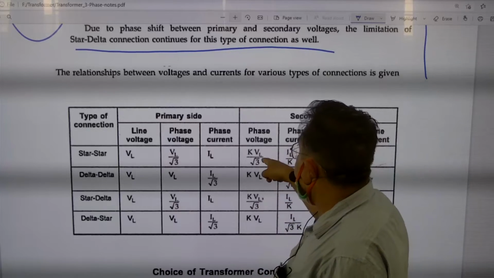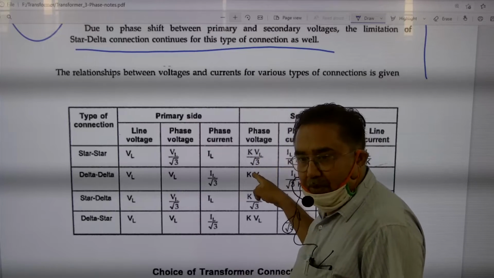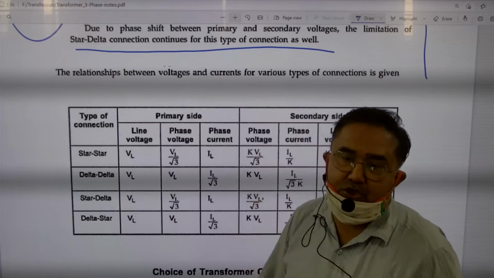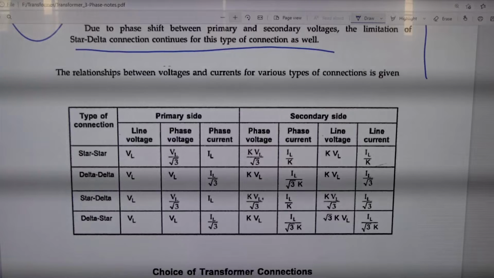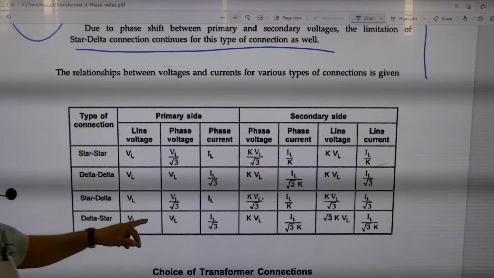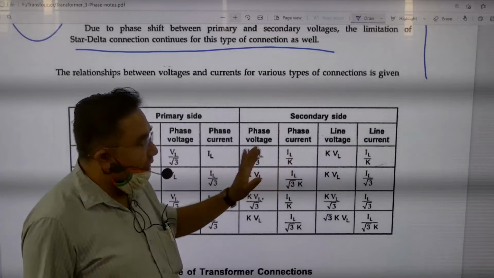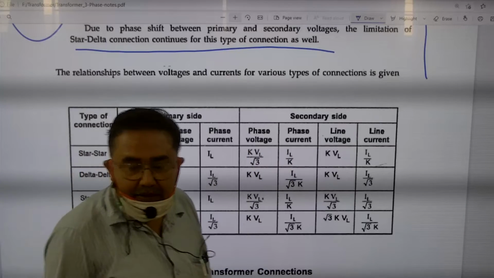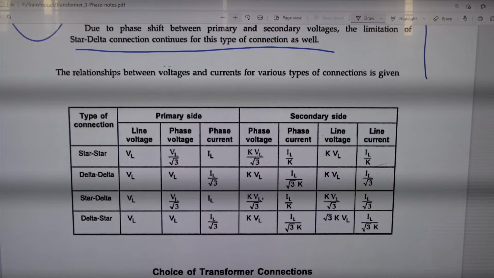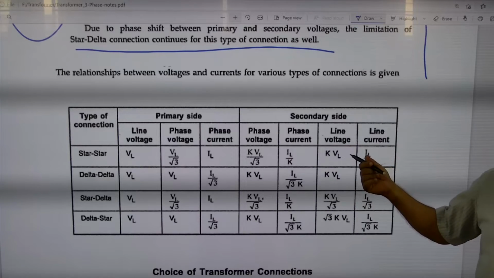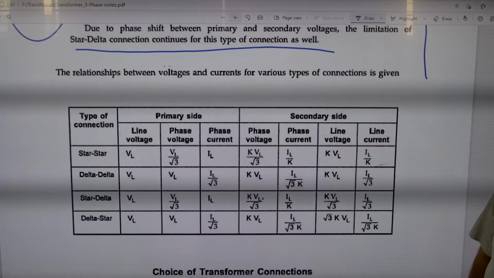On the secondary side, K VL upon √3, because transformation ratio is what? V phase 2 upon V phase 1. अरे यही होता है, तो ये हो गया. Similarly, phase current will become how much? IL upon K. What will be the line voltage? K times VL. Clear? And line current IL upon K.